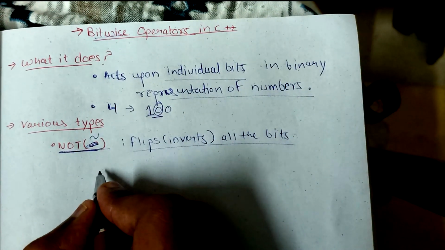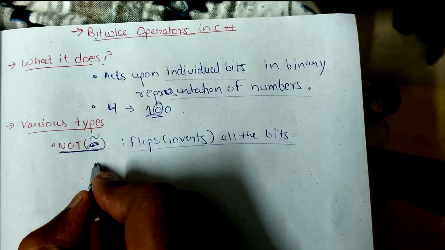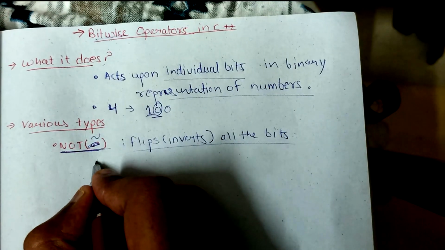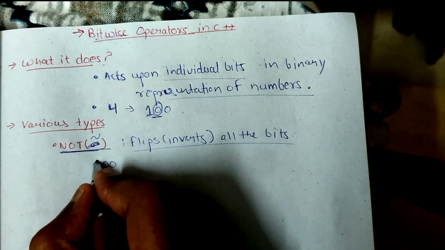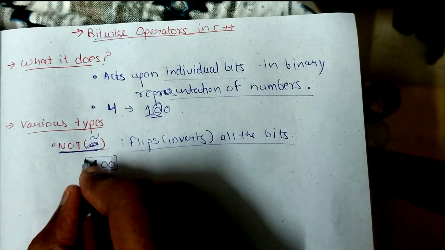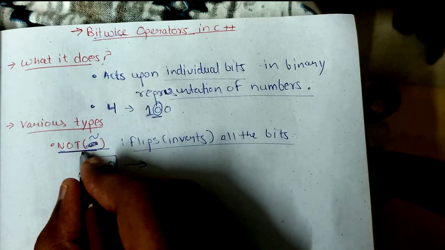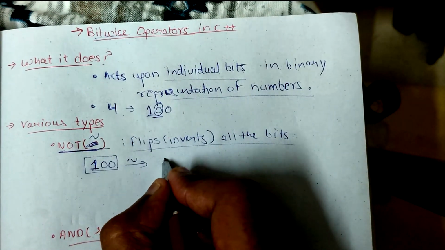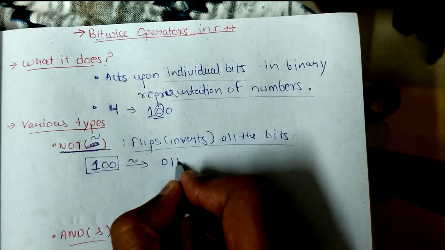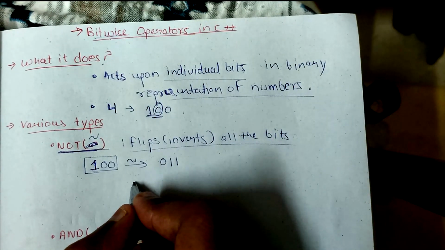For example, if you have 4 in its binary representation, it would become, after applying the NOT operation, like this.